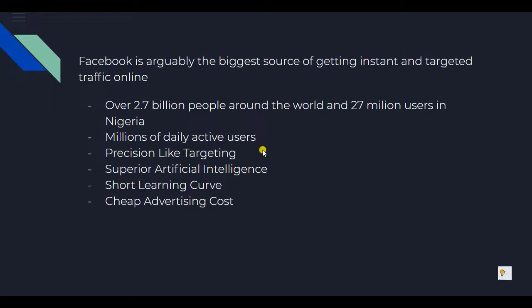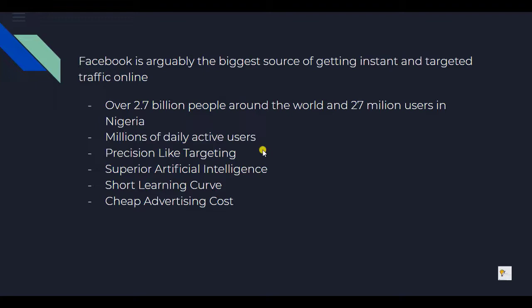For example, sometimes you click on a post, sometimes you watch some videos, sometimes you stay a particular time looking at a particular picture, and at the end of the day you probably drop a comment. Facebook has this ability to know that you are somebody who is interested in, let's say, fashion or sports or one thing or the other.